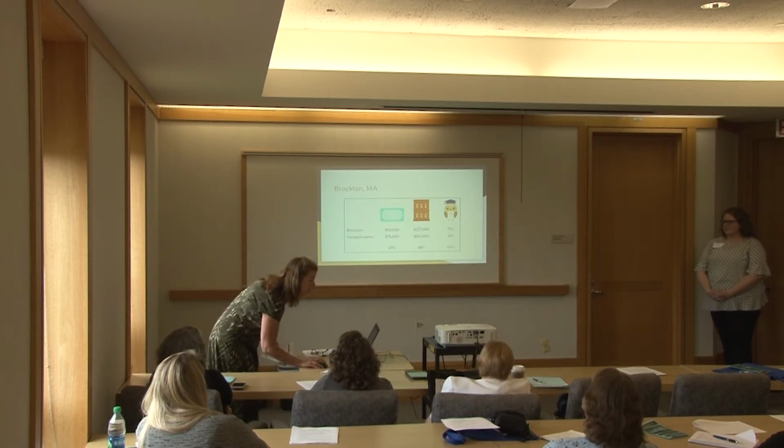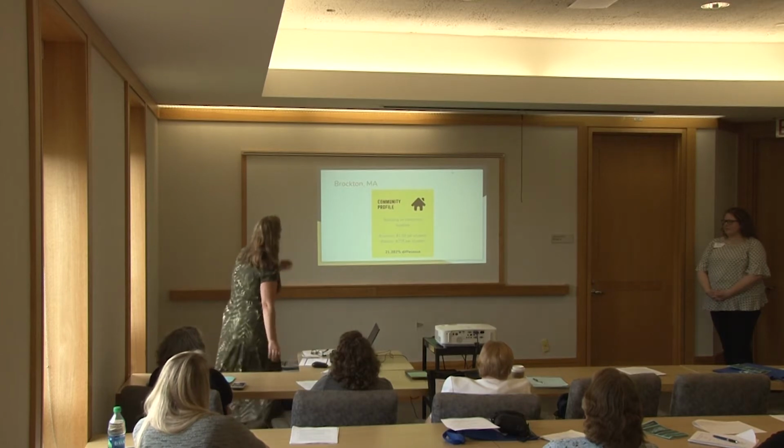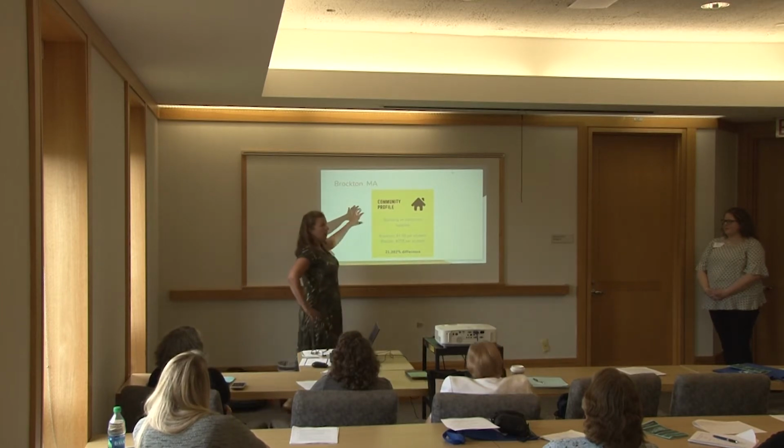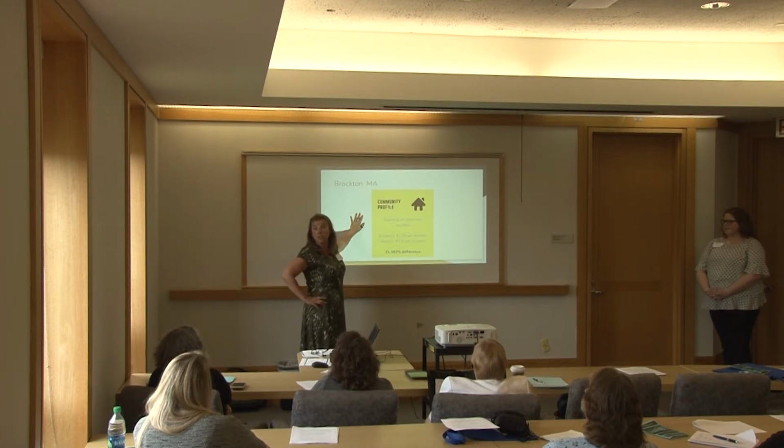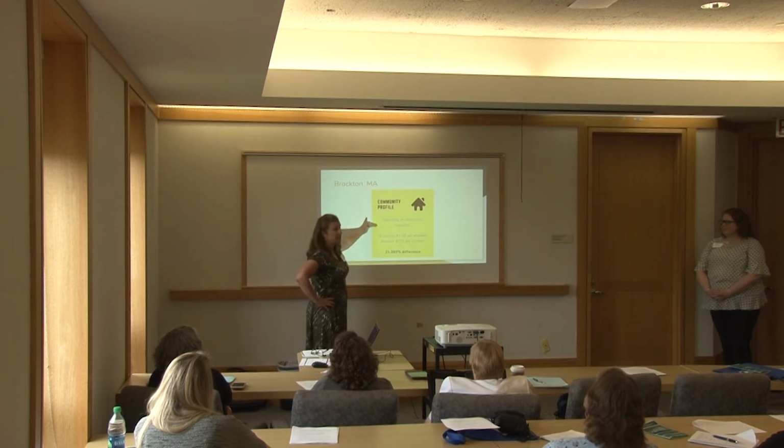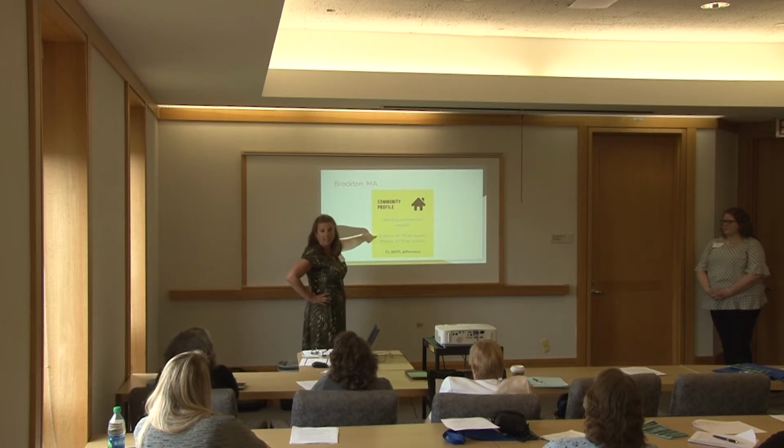And what this looks like in real terms, there was just an article in the Boston Globe: Brockton is considering suing the state, the public education system is considering suing the state because of examples like this. In Brockton, students are allotted $1.28 for classroom supplies.